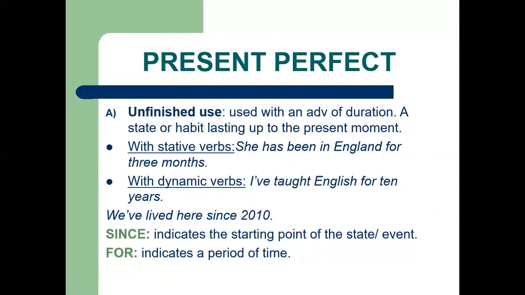Yes, when we use the present perfect, we can imply that the action is unfinished, that is to say, the action continues up to now, or the action is finished, but if it's finished, it has some sort of effect on the present. It has present relevance.